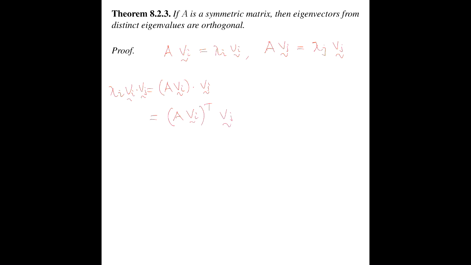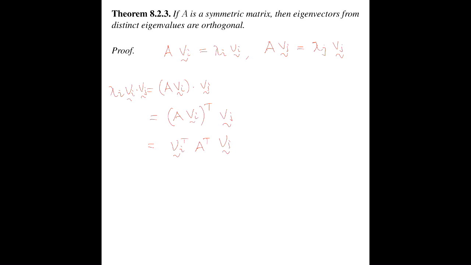So now this is matrix multiplication, because we just turn the column vector into a row vector by using its transpose. Then because the transpose of the product of two matrices is equal to the product of their transposes, we have that.